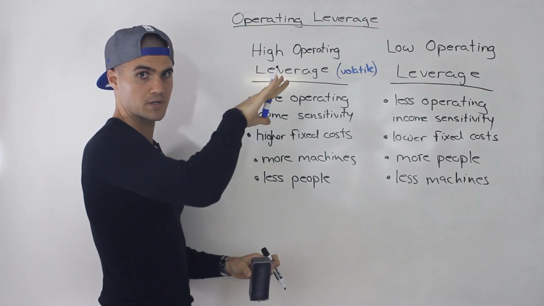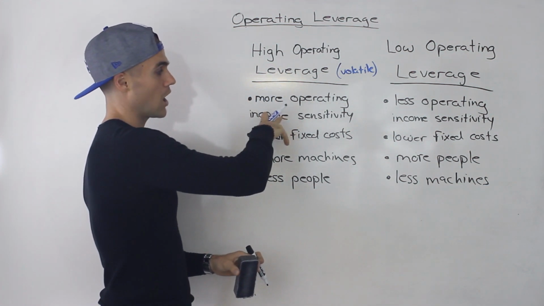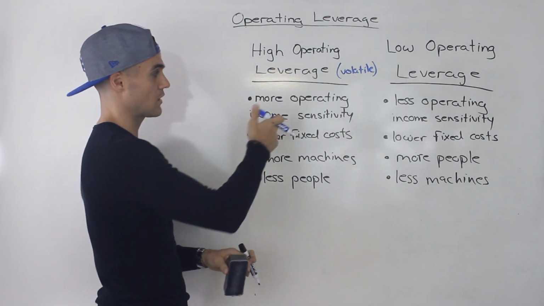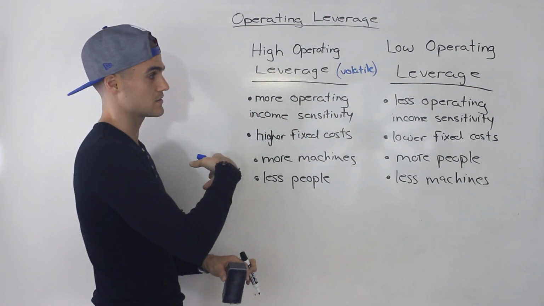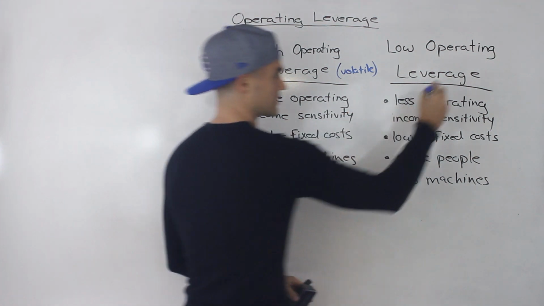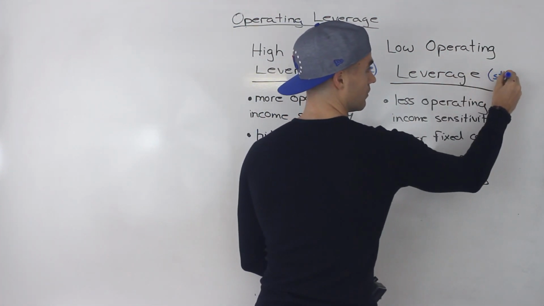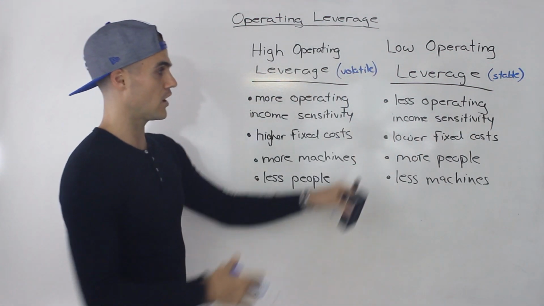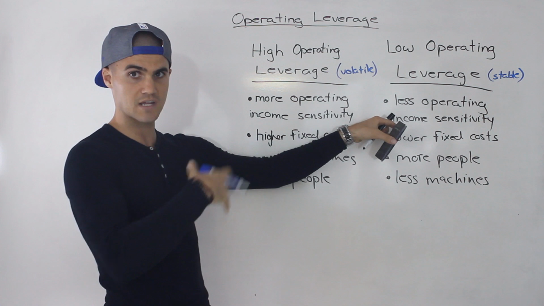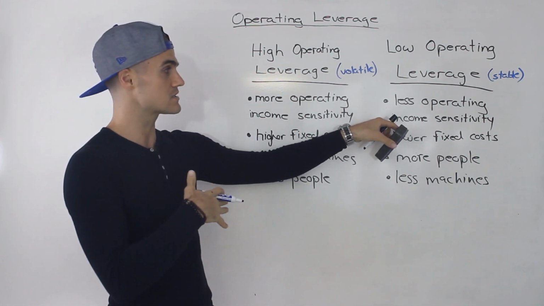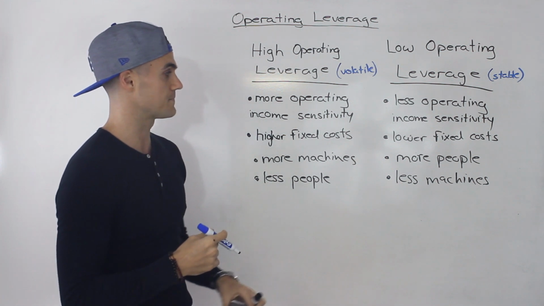So if the sales increase, then the operating income is going to increase a lot. Problem is, if the sales decrease, then the operating income is going to decrease a lot. Versus this here, low operating leverage, it's a little bit more stable. Right? So not as high of an operating income increase if sales increase, but also not as high of a decrease if the sales decrease.